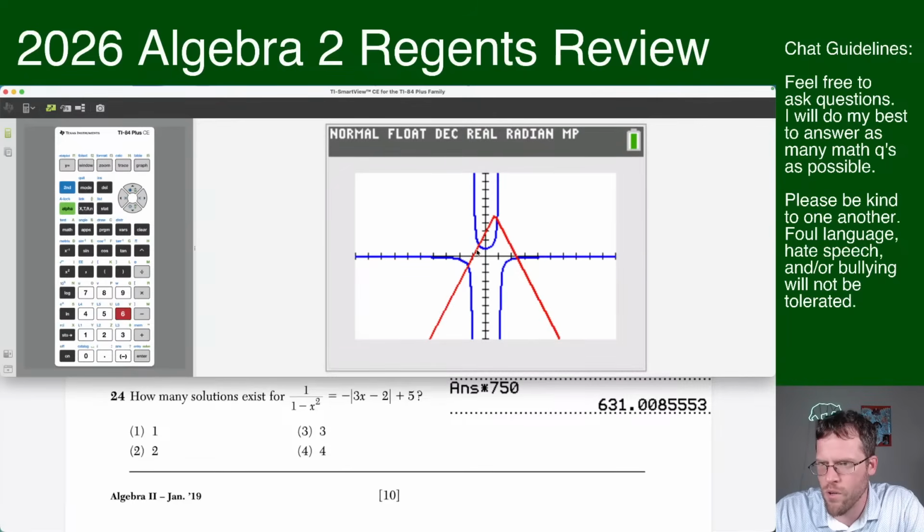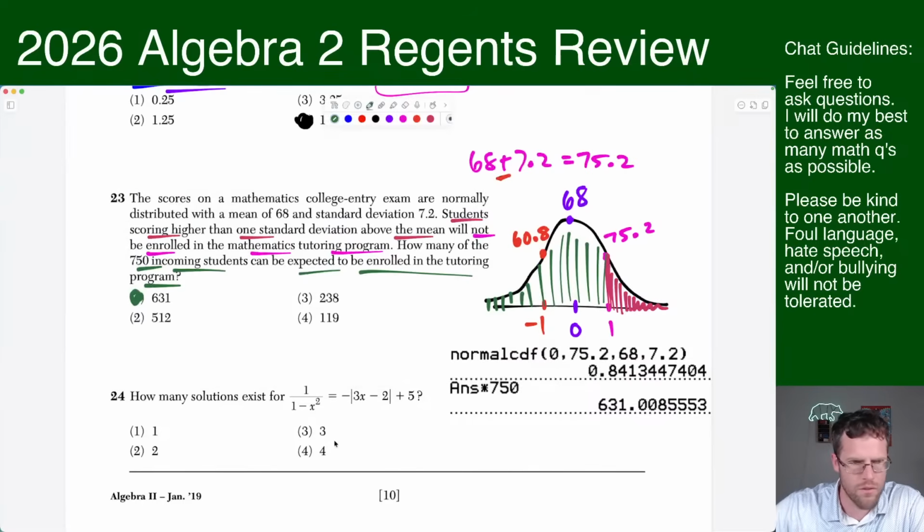So here we have 1, 2, 3, 4 intersection points. See, 1, 2, 3, 4. So that's going to be 4 answer choices. And yeah, that's just what we're going to get here. So choice 4. Okay, so good.